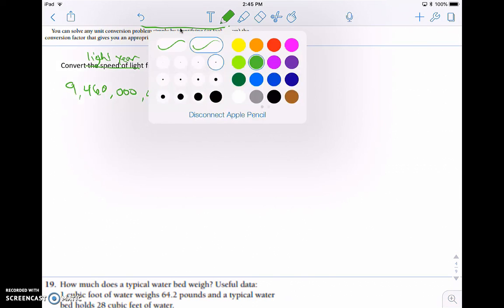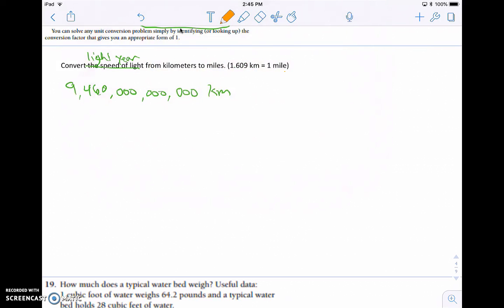Here's how we're going to do it. I give you the conversion here: 1.609 kilometers is approximately 1 mile. For our conversion factors, we could either say 1 mile is 1.609 kilometers, or 1.609 kilometers is 1 mile.